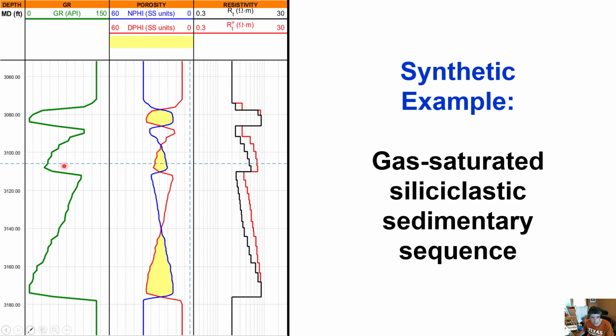Now we hit again a sandstone, which is shaly, and then we see that the crossover shows up again. Interesting, isn't it? And then the gamma ray log increases. That means the volumetric concentration of shale increases. The crossover is gone, even though we continue to have gas. And then over here at the top, clean sandstone, the crossover comes back.